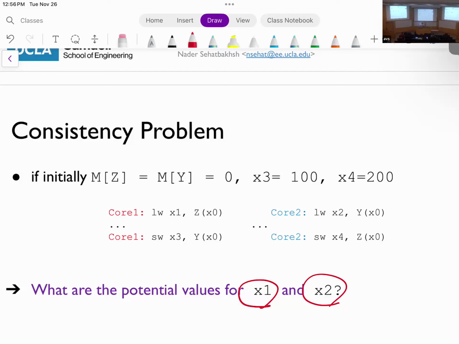The second is more on the hardware side, and the reasons that we reorder things. Remember I told you that we have out-of-order execution, and in out-of-order execution we can reorder reads and writes.